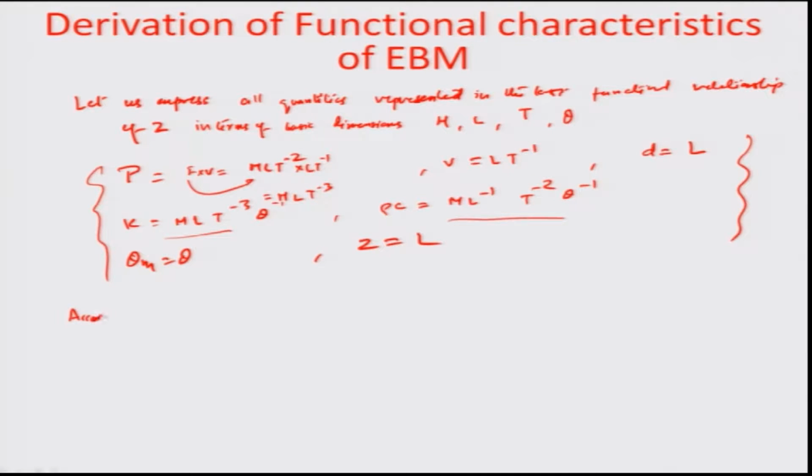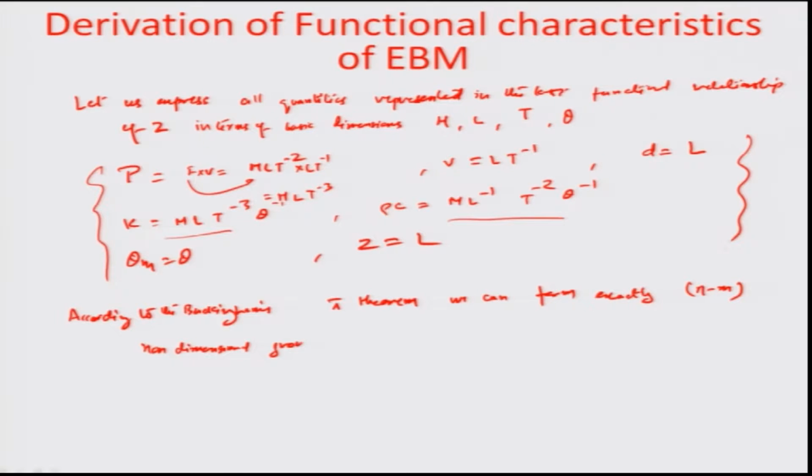According to Buckingham's pi theorem, we can form exactly n minus m non-dimensional groups by taking into account all parameters of the experiment.